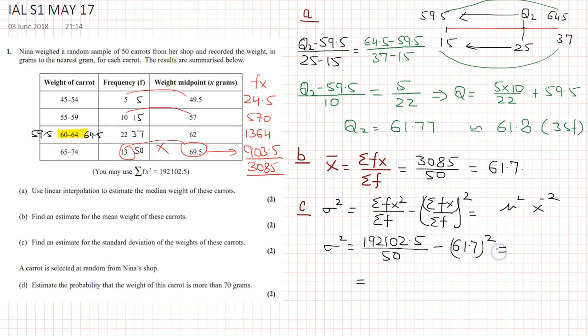So this variance is equal to 35.16. So the standard deviation will be 5.93. Q2 we have 61.8, mean we have 61.7, standard deviation we have 5.93.